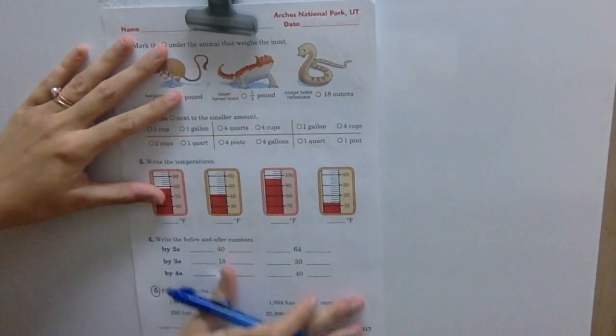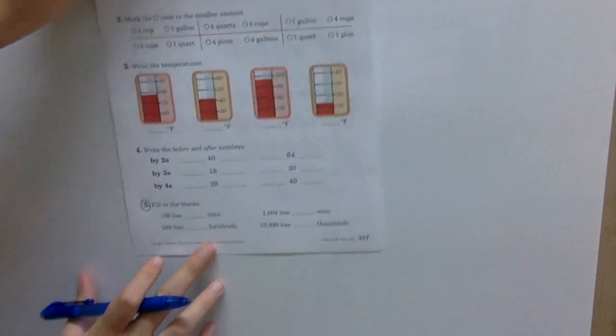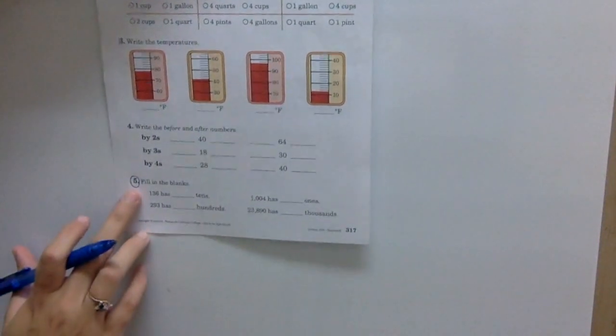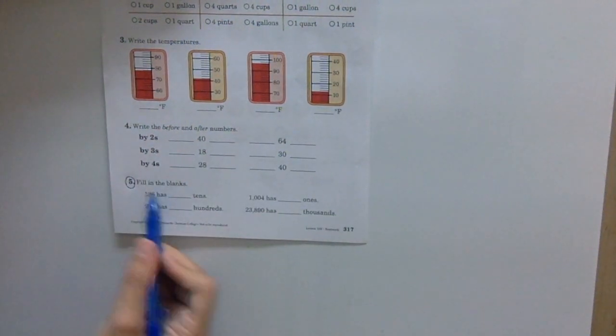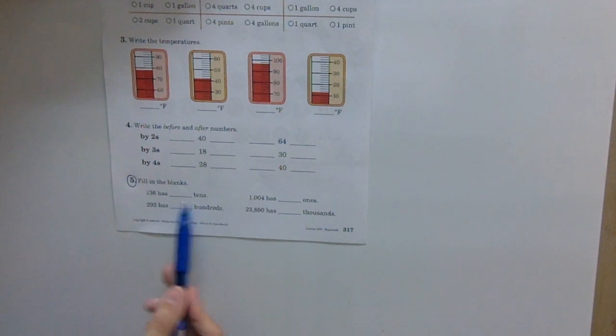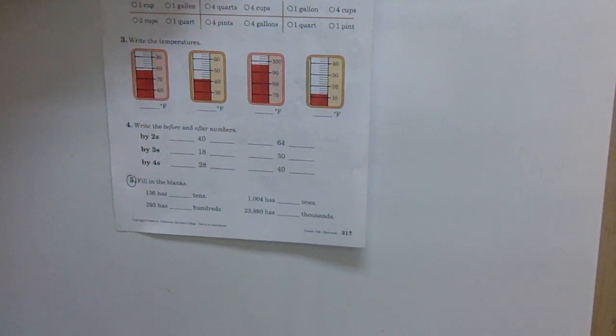317, and we're going to look at some place value, finding the value of each little place. And let's see here. I wonder if this will clip up here. Maybe not. I'm just going to have to hold it. Okay, so we're down here at the bottom at question 5, and it says to fill in the blanks. 136 has blank tens. Okay, how do we figure that out? How do we figure out how many tens 136 has?